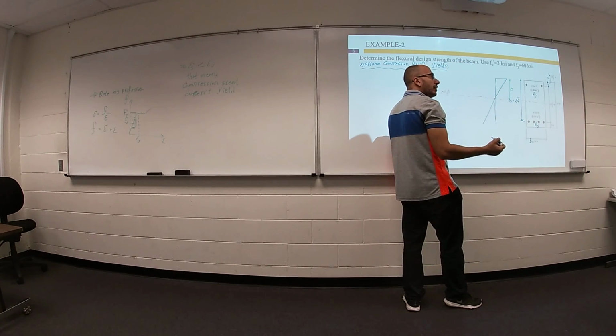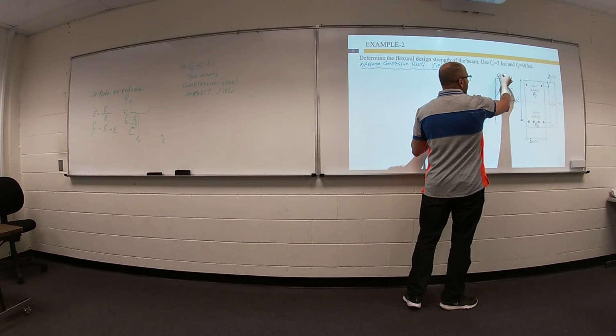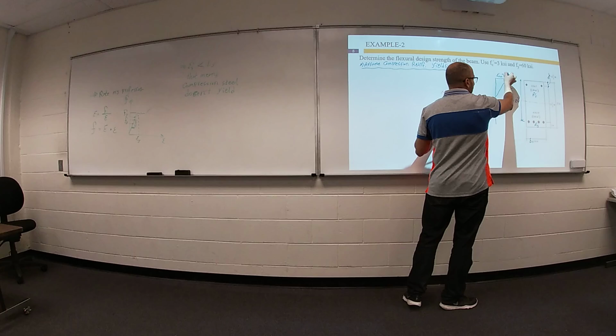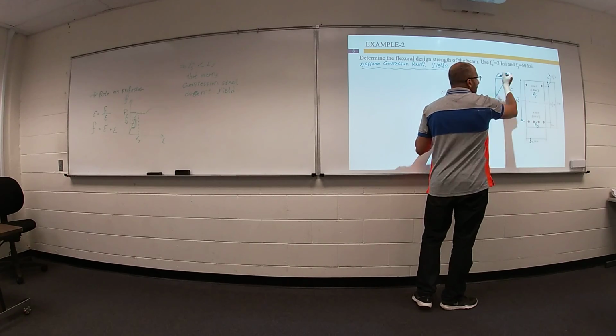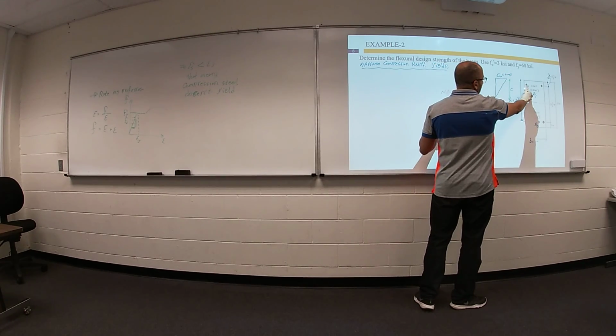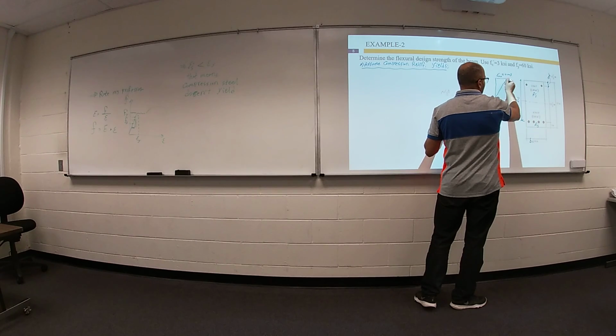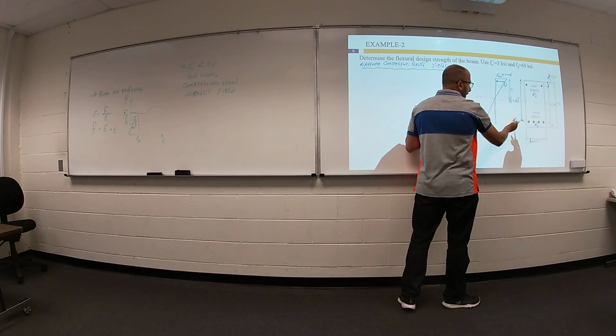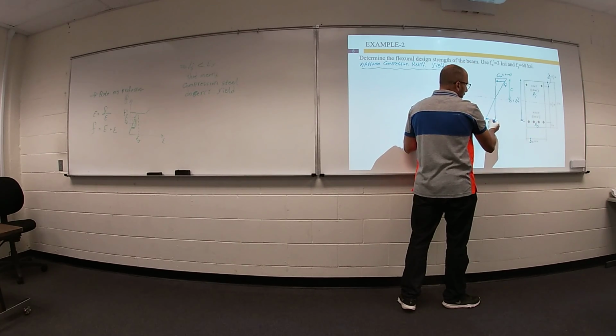According to ACI, we have here epsilon concrete, ultimate strain, equal 0.003. In your steel reinforcement in compression, we have epsilon steel prime. In your steel reinforcement in tension, we have something here equal to epsilon tension.